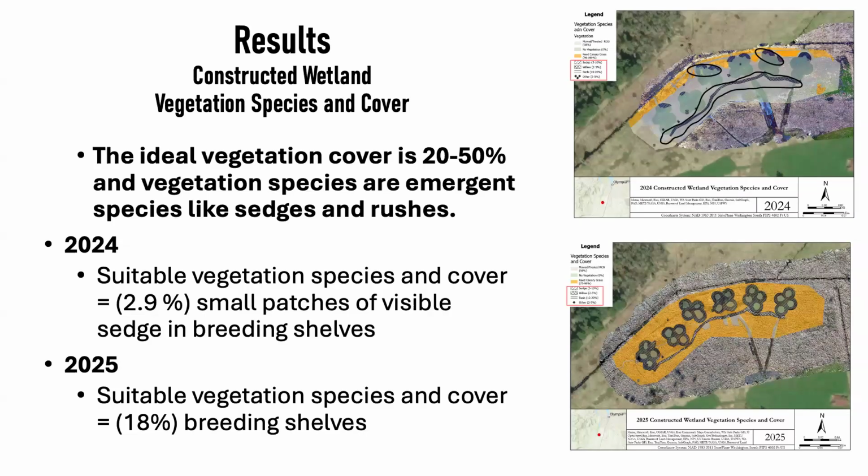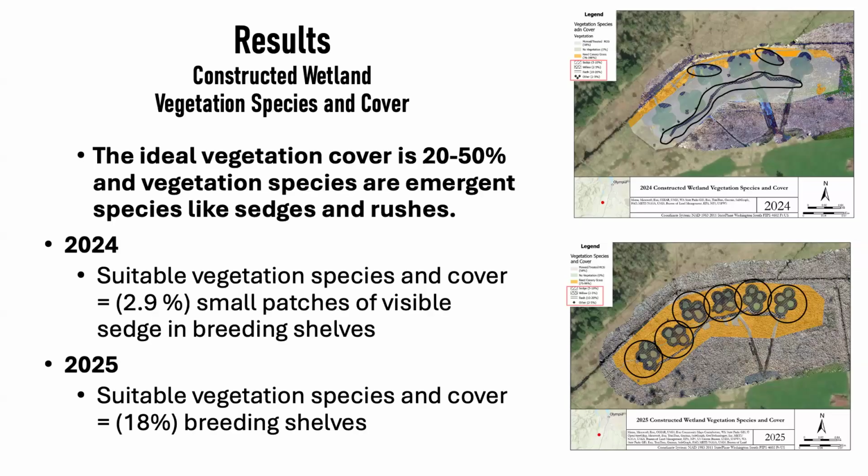And then in 2025, the breeding shelves had the most suitable vegetation type and cover. In 2024, it was 2.9%, and then that increased significantly to 18%.